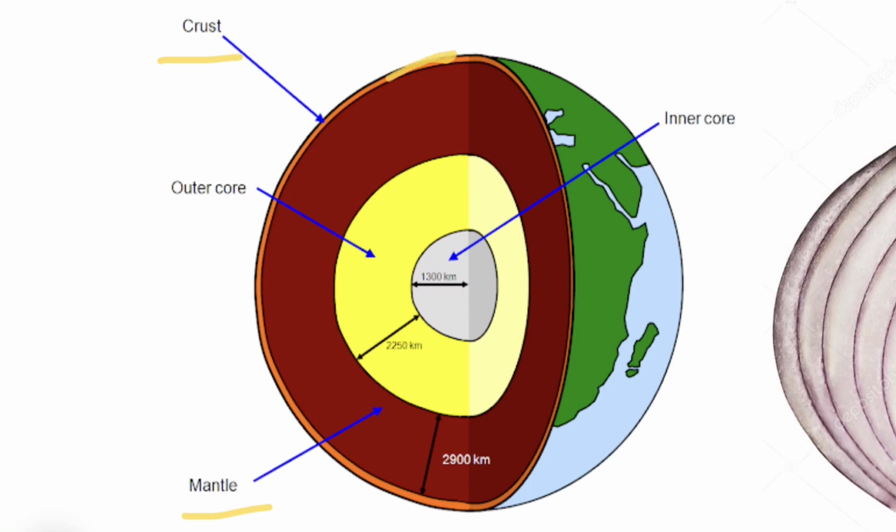See, this is the crust, outermost. Now after this layer is the mantle, below the crust, and this is the second layer, and after the mantle the innermost layer is called core, this layer. So these are the three layers of the earth, crust, mantle and core.